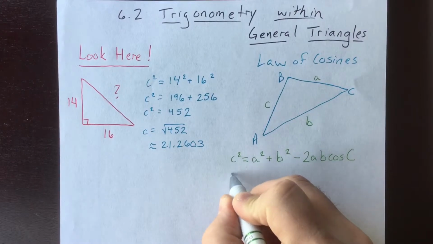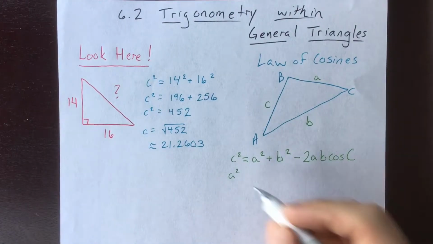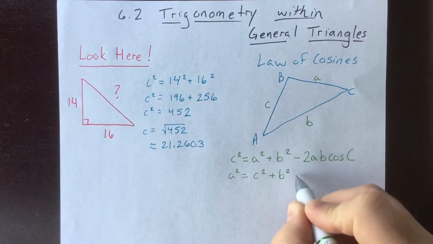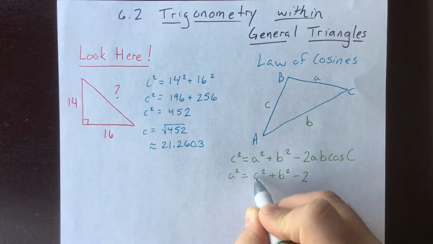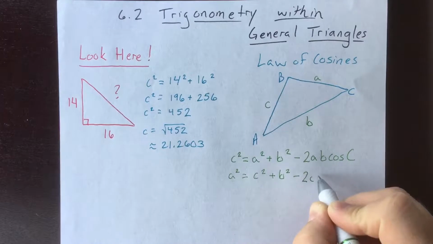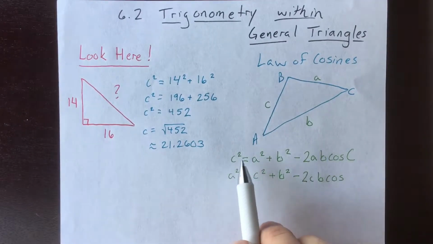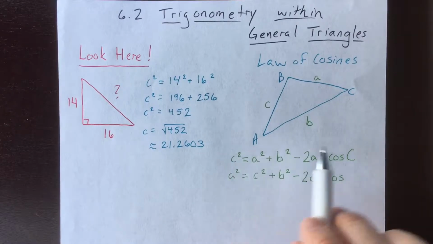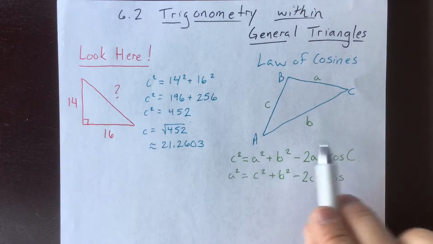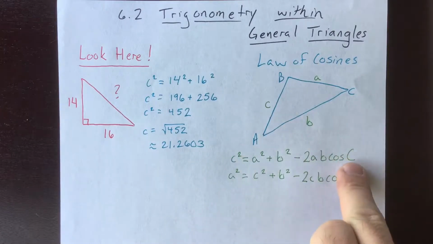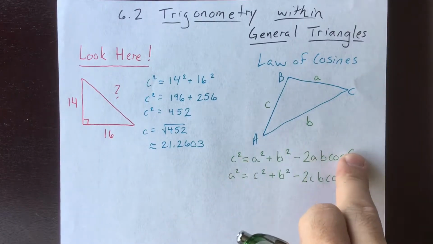If I want to find length A, I just move letters around. So it's going to be C squared plus B squared minus 2 times C times B multiplied by the cosine. This is very important. Whatever side length I'm finding, the angle will be found on the other side. So if I'm finding length C, then angle C should be on the right side.